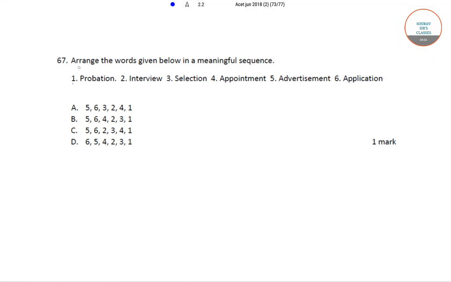The question is, arrange the words given below in a meaningful sequence. 1 probation, 2 interview, 3 selection, 4 appointment, 5 advertisement and 6 application.